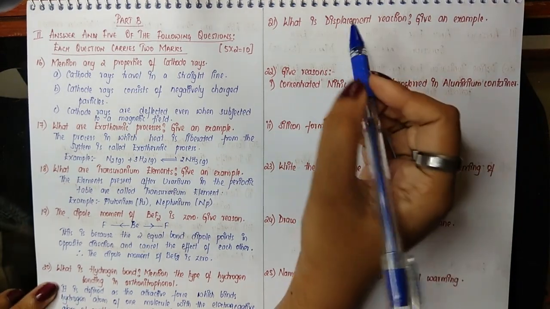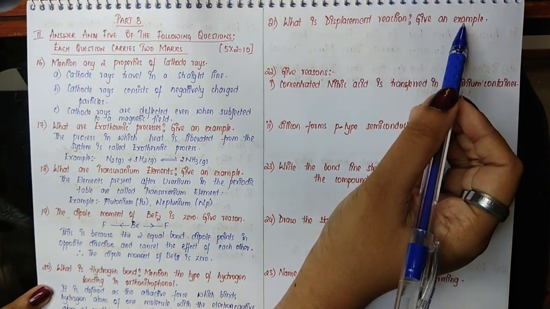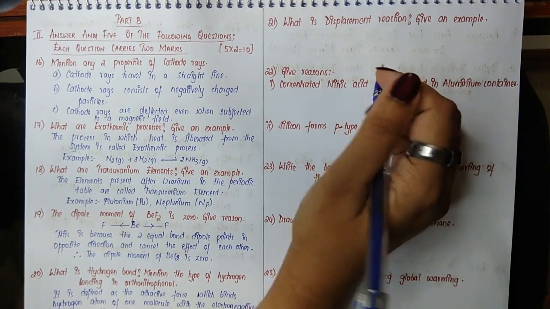Now the next one is 21st question. What is displacement reaction? Give an example. So you can write the definition.